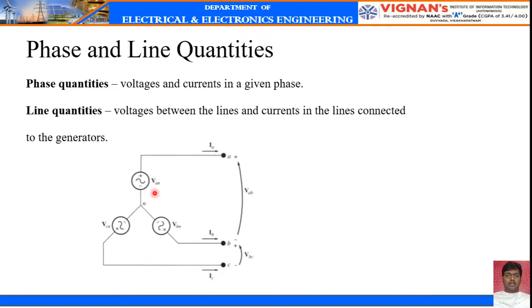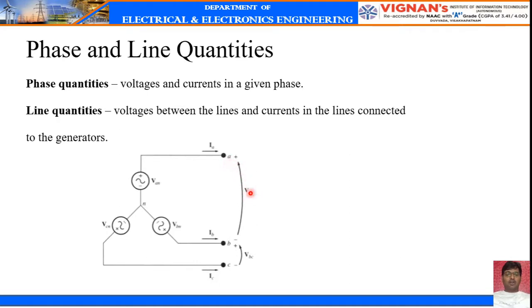Clear? So here VAN, VBN, VCN indicate the phase voltages. Similarly, IA, IB, IC indicate the phase currents, which are the same as the line currents. However, if you measure the voltage between terminal A and terminal B, the voltage is between two lines. It is called the line voltage, denoted by VAB.